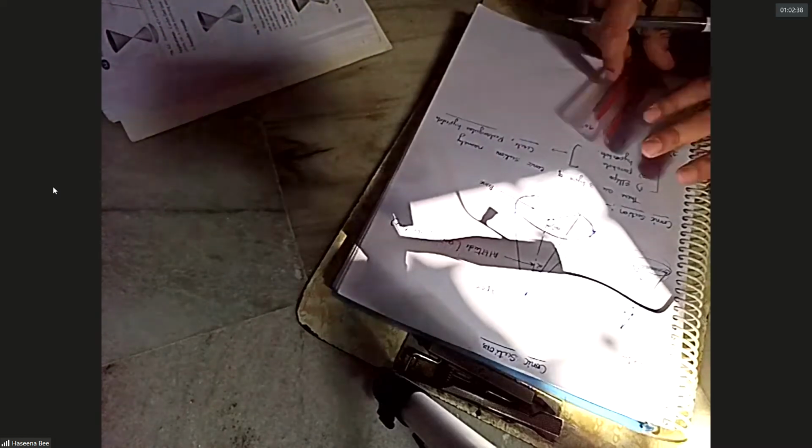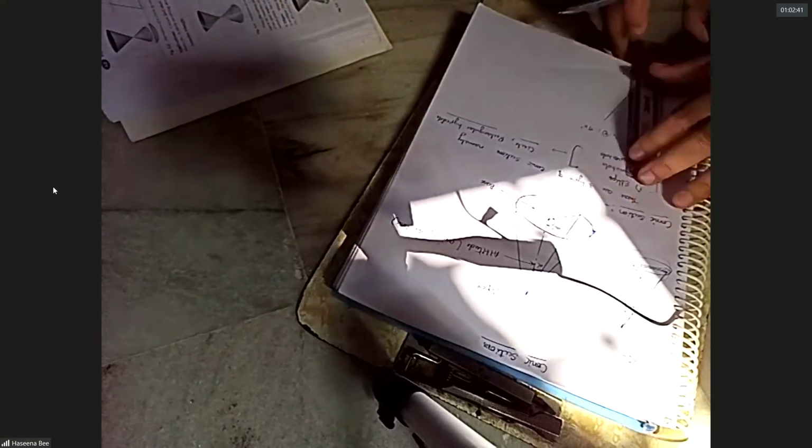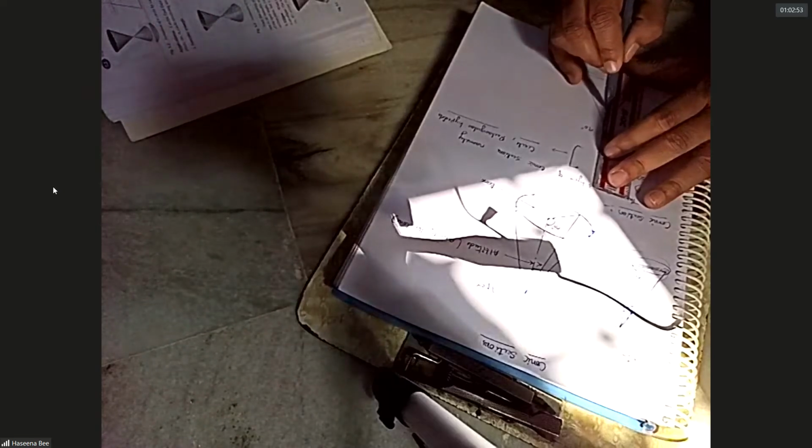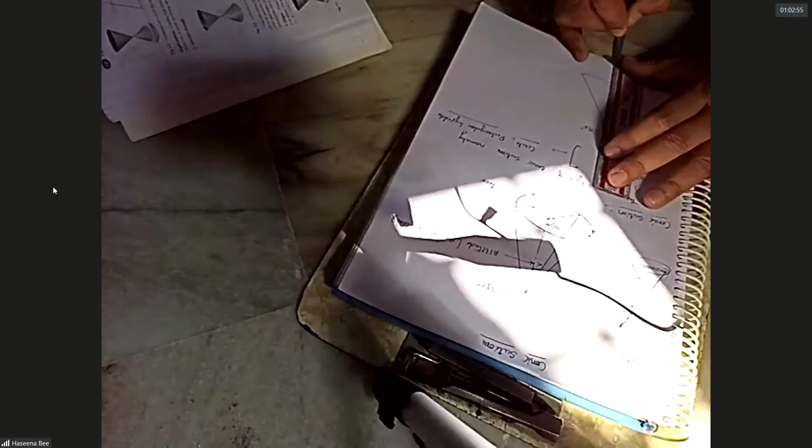I will show you how we will get the circle. If this is the cone, you need to draw these diagrams also, but with the pencil. This is the axis of the cone, and this is the cutting plane. When this cutting plane is making an angle of theta. What is theta here?